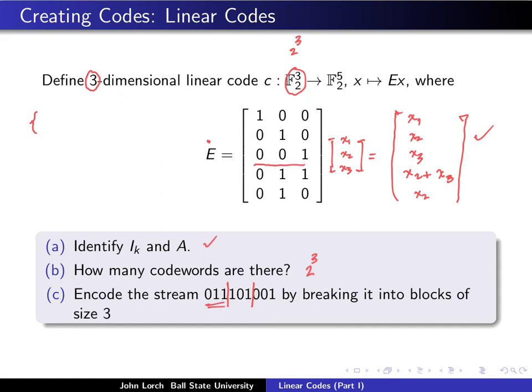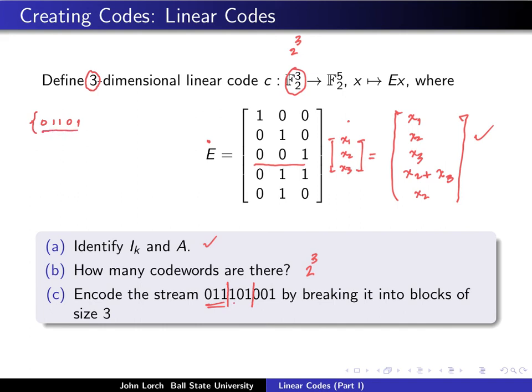If you look back up here, x1 would be 0, x2 would be 1, and x3 would be 1. If you plug those in, we get code word 0, 1, 1, and then 1 plus 1 is 0, and then x2 is equal to 1. Okay, so that is the encoded version of the first block.